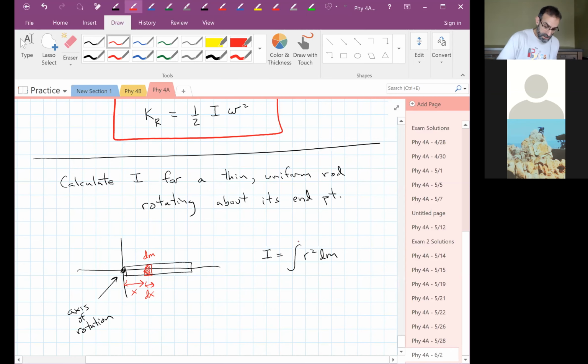Now, what is r? r is the distance from dm to the axis of rotation. So if you put the origin at the axis of rotation, it's x, like I did in this case.